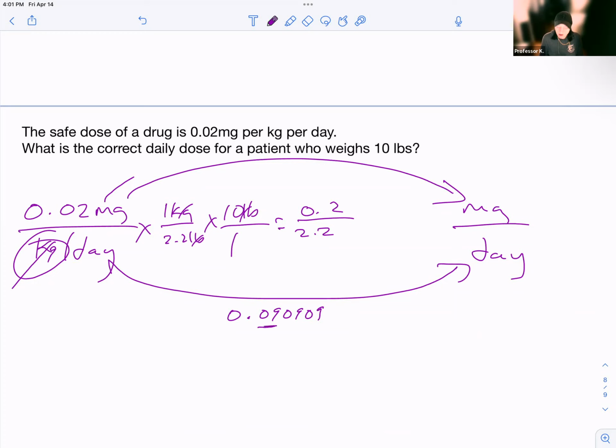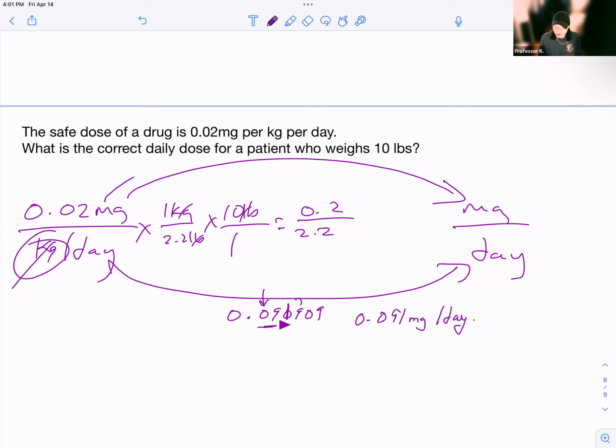But remember, it has to be a significant number. 0 is not a significant number, and the hundredths is 2 places, okay? So it would be the next number over, and it would be a significant number because 9 rounded up is 1. So the answer is actually 0.091 milligrams a day.